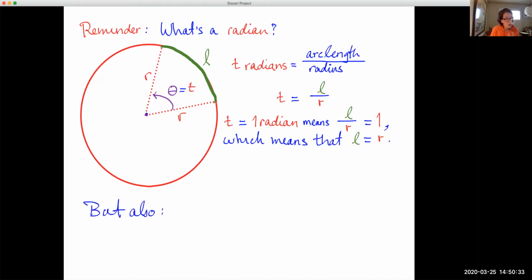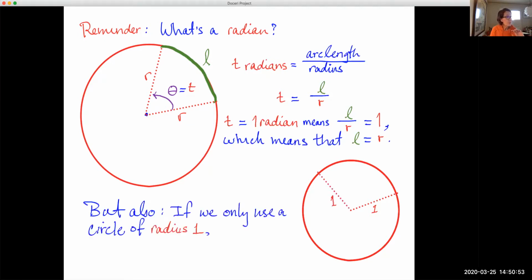So the reason we like it so much is because if we have a unit circle, if our radius is actually 1, so that definition of a radian works for any circle, right? The radius can be anything. But in particular, if the radius is 1, then L over R is L over 1.